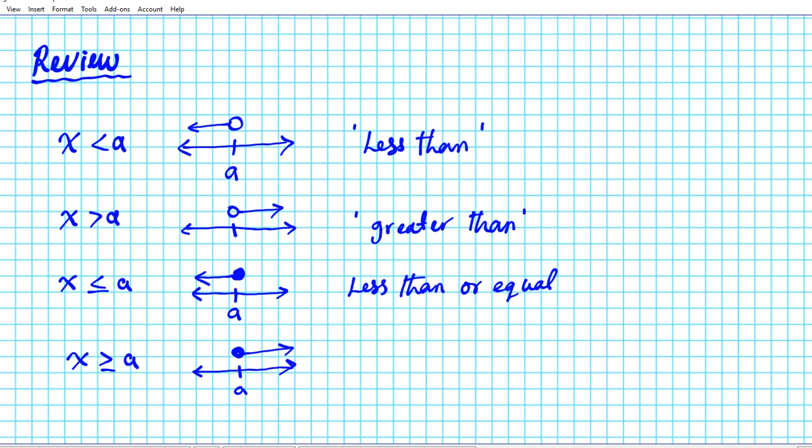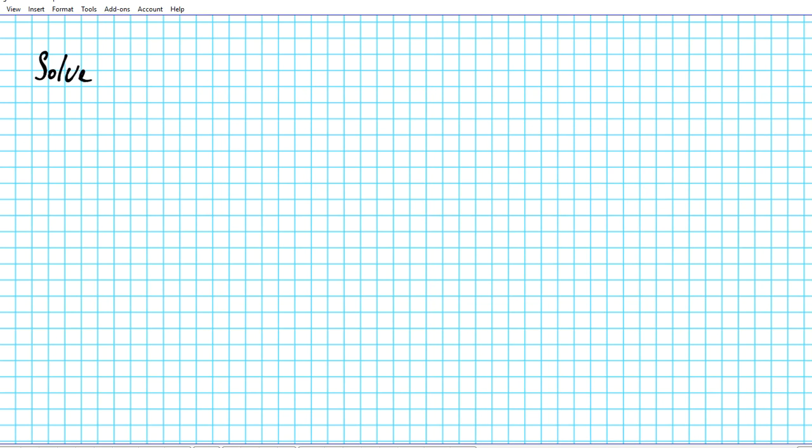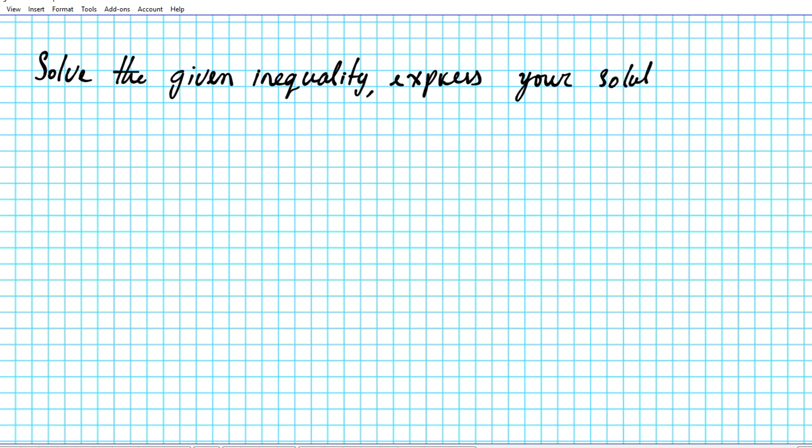So the instructions for the problems that we're doing are for us to solve the given inequality, express your solution in algebraic and word forms.